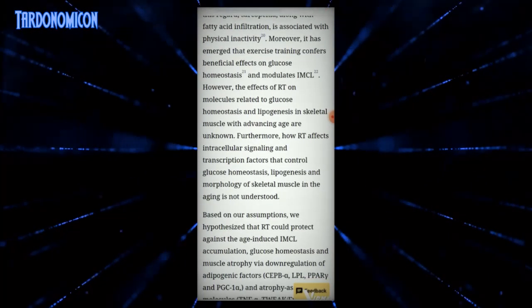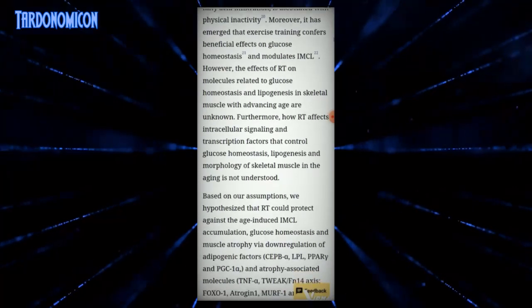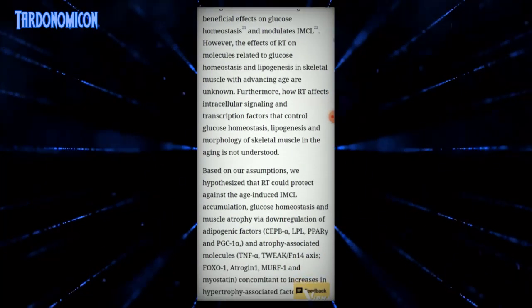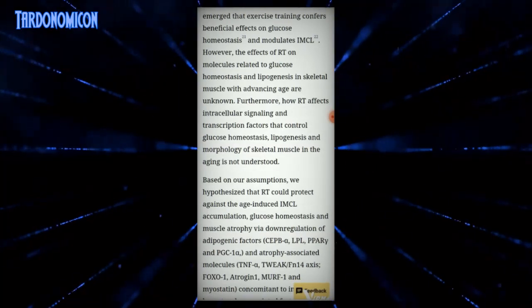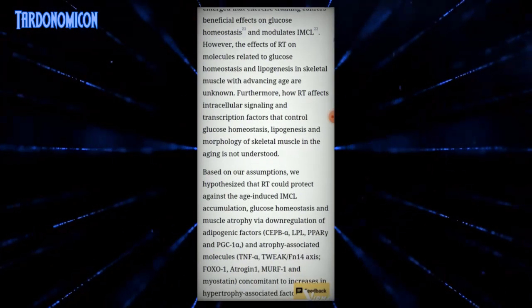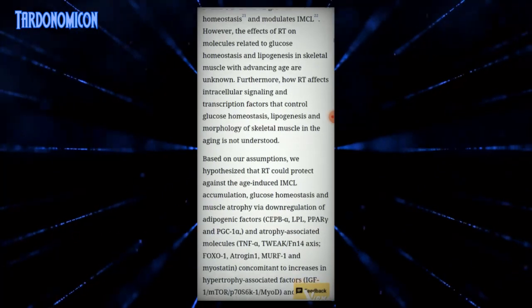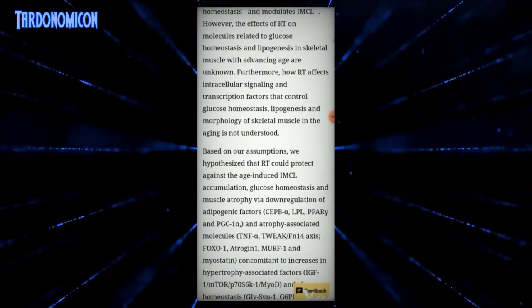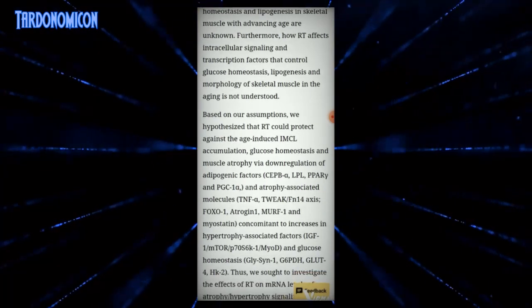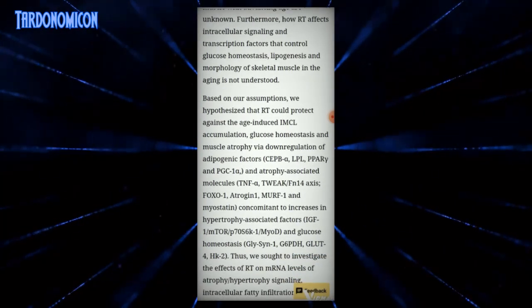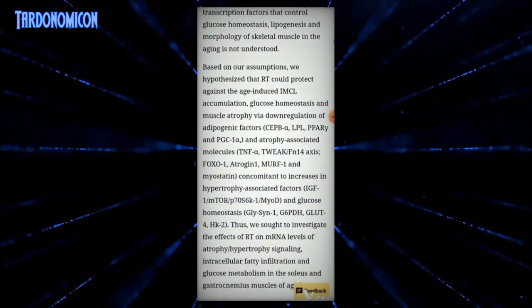Wow, that's a mouthful. However, the effects of resistance training on molecules related to glucose homeostasis and lipogenesis, meaning the creation of fat in skeletal muscle, with advancing age are unknown. Furthermore, how resistance training affects intracellular signaling and transcription factors that control glucose homeostasis, lipogenesis, and morphology of skeletal muscle in the aging is not understood.